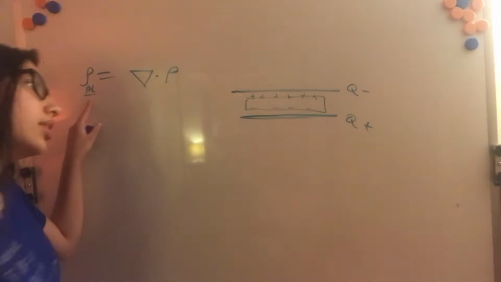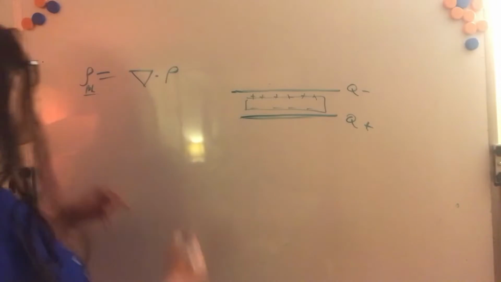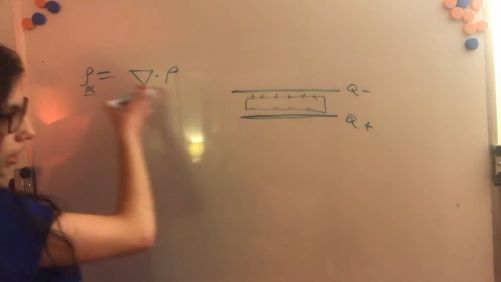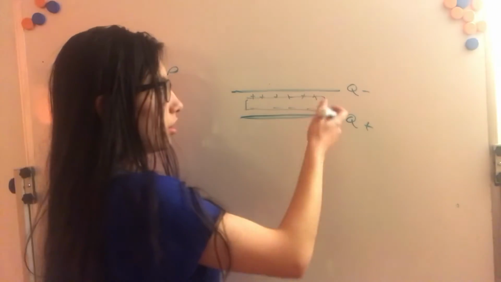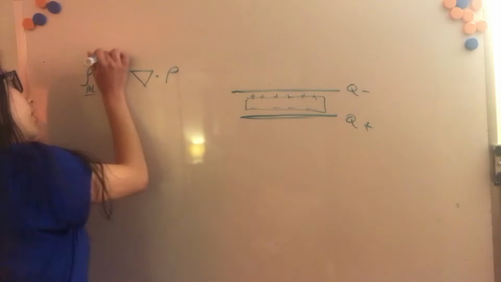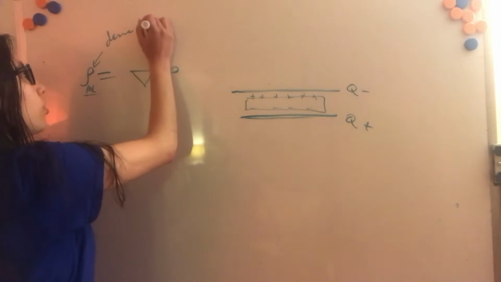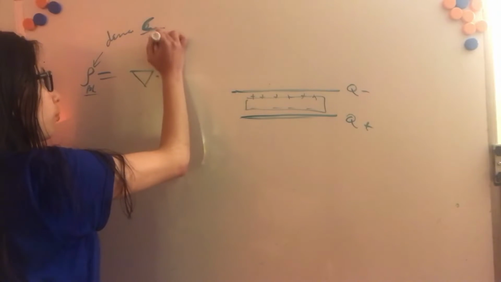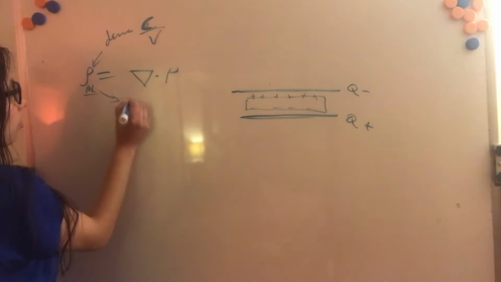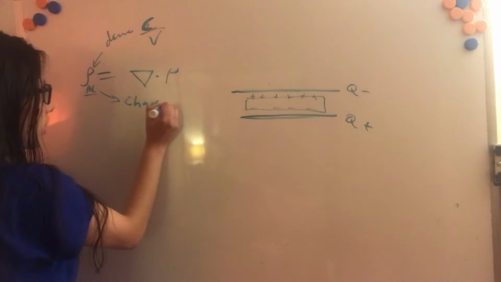So here we have the density of these charges that are induced, or the charge density of the polarized charges, but usually this, that is a density and has units of coulombs per volume, this is called the charge polarization.